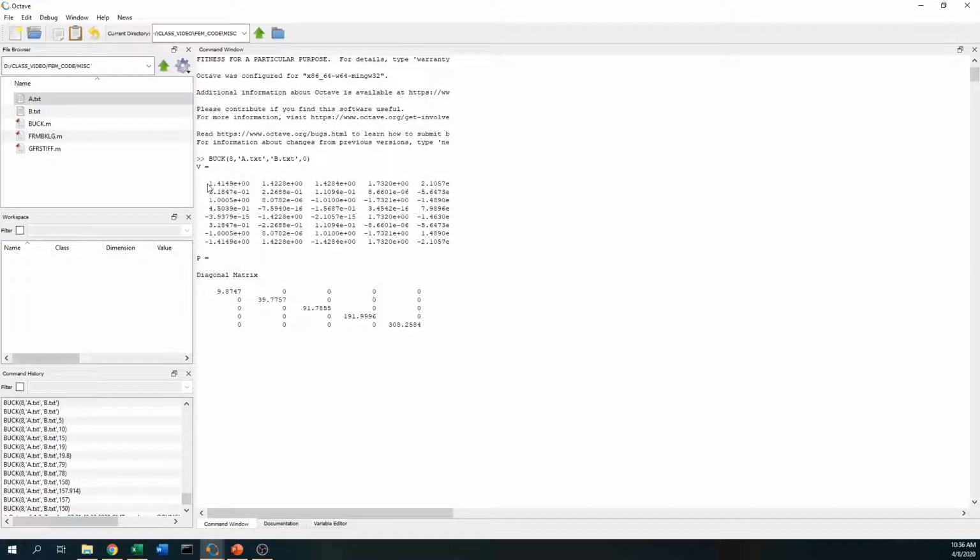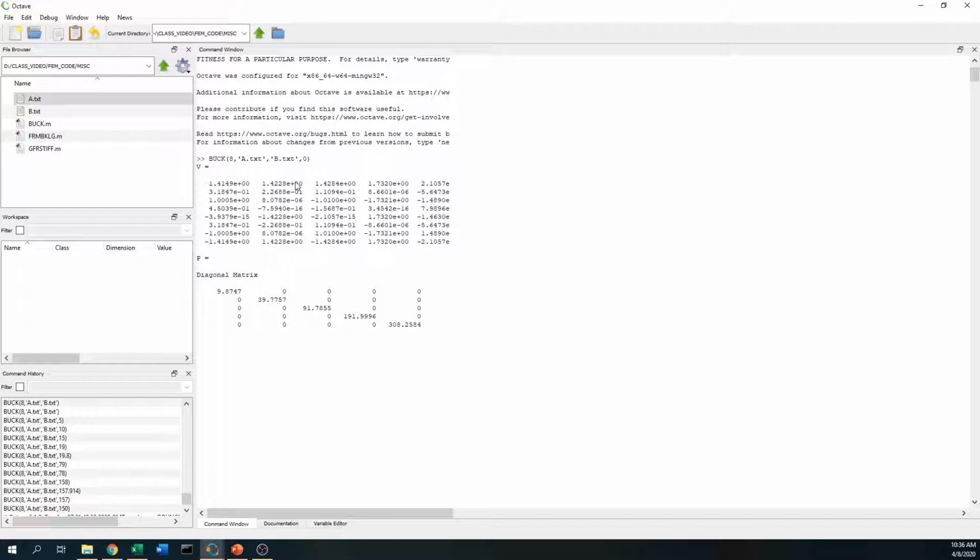We get the eigenvector. Actually, we can learn from this eigenvector. Let's take a look together. We remove the displacement at the bottom node and the displacement at the top node, horizontal or lateral displacement.